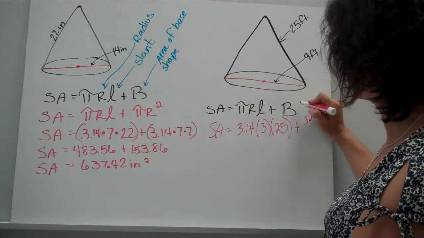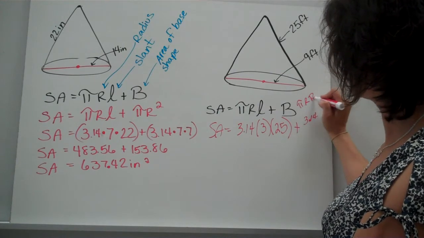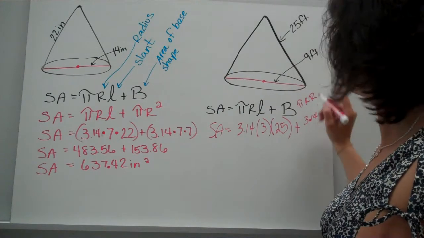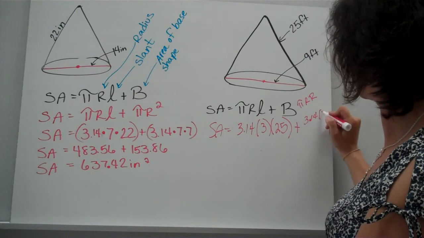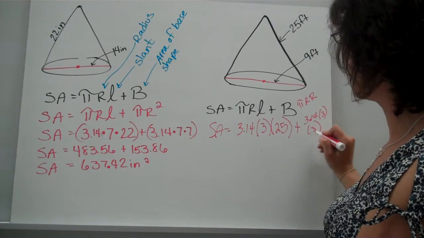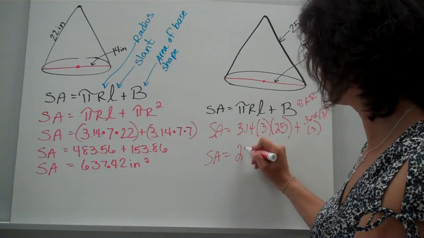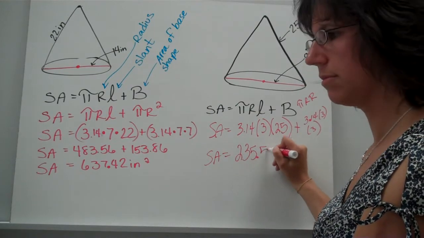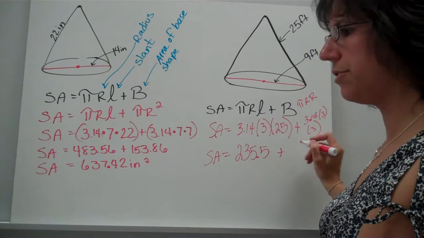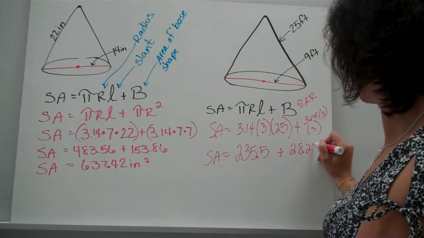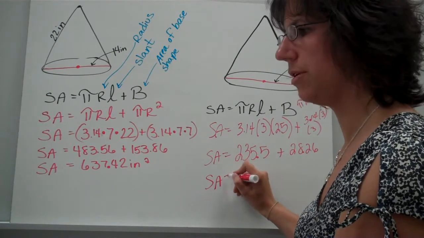This is a circle, remember. Pi times radius times radius. So there's my pi. My radius is 3. My radius is 3 again. So we are going to multiply all those numbers, multiply all the other numbers, and then add them together.